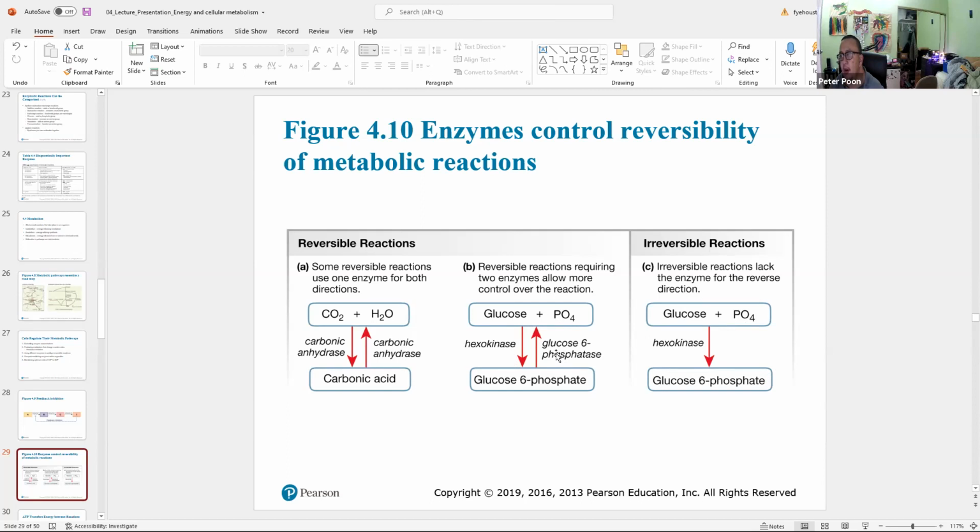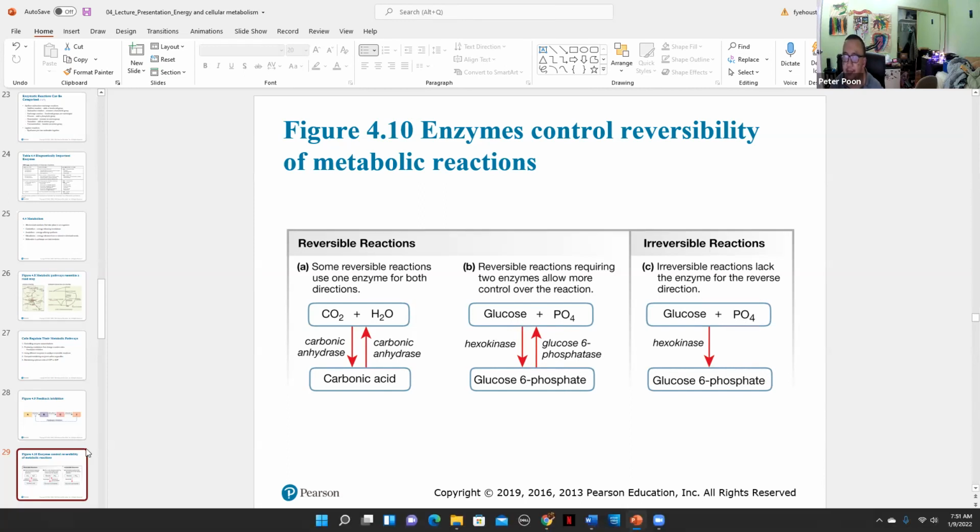The enzyme that goes forward requires ATP. The one that goes back does not. So it's technically an irreversible reaction. They're showing you 2 different enzymes: one can make it go forward and one can make it go back.